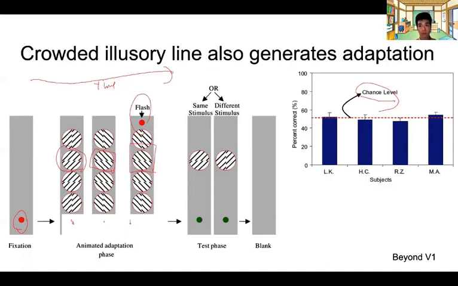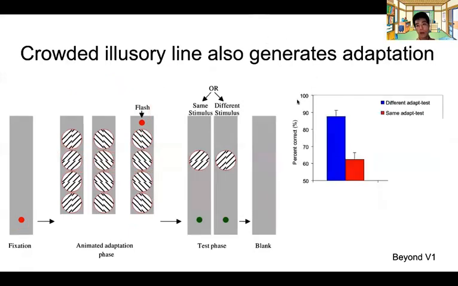That's very important to check. Next, when they did the adaptation task, they found, as expected, that if it's tested with a different stimulus, like here, then the performance was very accurate in terms of detection. On the other hand, if it's the same as the adaptation orientation, then they were near chance, but still above chance.